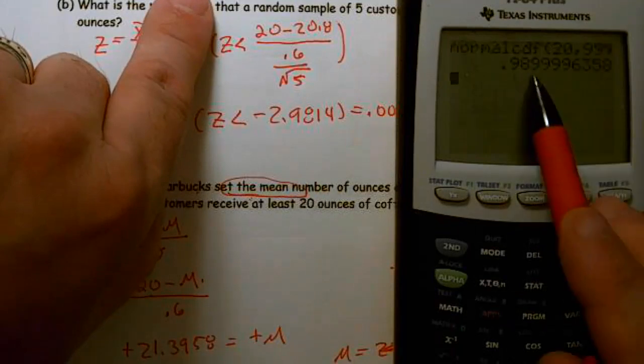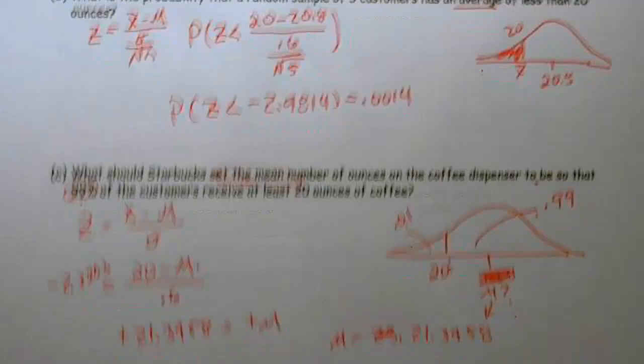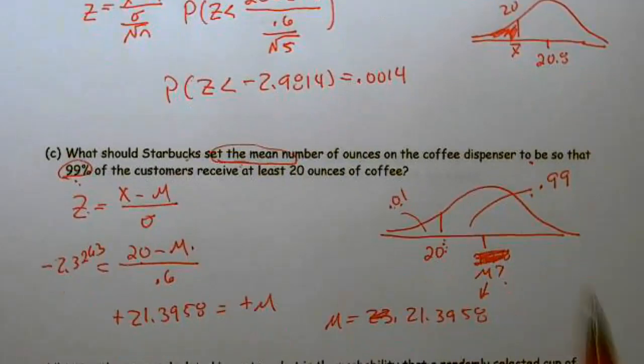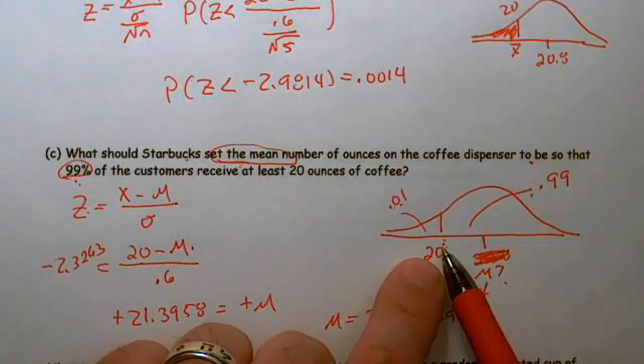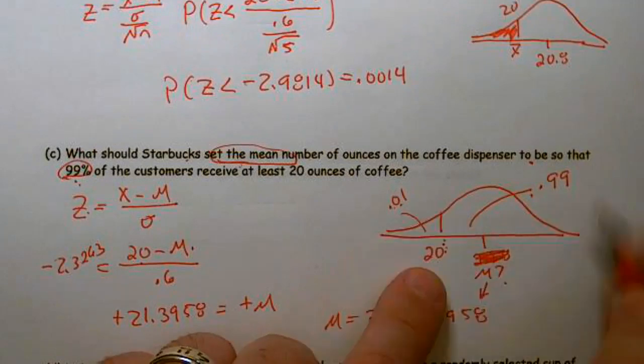And I find out that that's almost exactly 99%, which is what we were looking for. So basically, there's my X, there's my new mean, and my standard deviation still is 0.6.